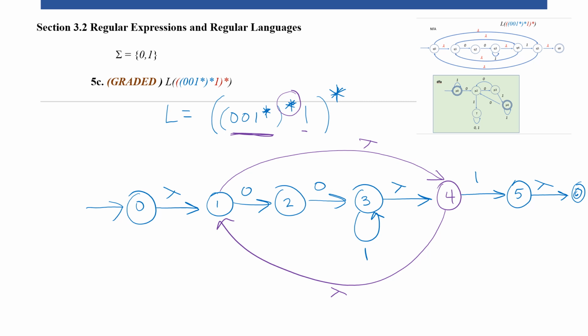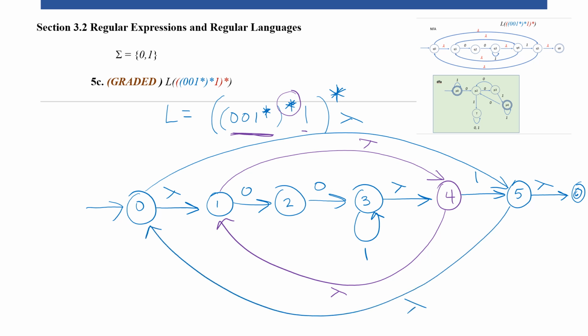However, if you did combine them together, you have to test some strings to make sure that it's working, because I know that this works. And it's an NFA. So if we weren't converting it to a DFA, this would be a perfectly acceptable NFA. I can run strings through it. Here's my cycle in the middle of my 001s, and then on the outside is my cycle of the whole thing. All right, so this is this NFA up here.